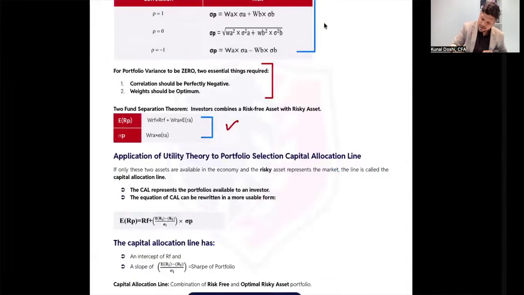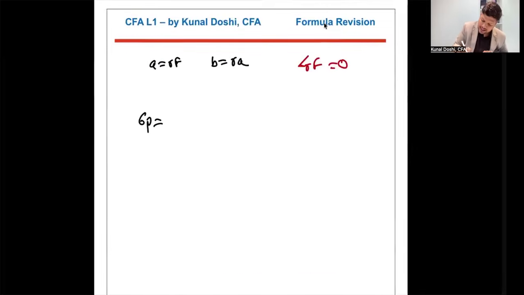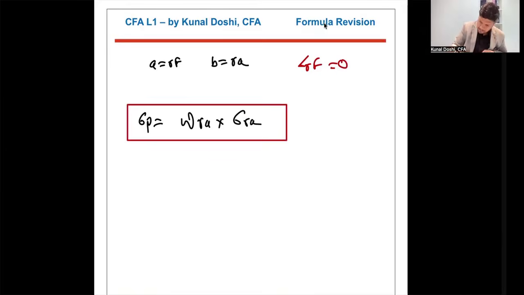So I will be left with only the weight of the risky asset into standard deviation of the risky asset. Everything in square and root will become this only. Please remember this. This is the compressed version if there is a risk-free and a risky asset. Is this clear, everyone? Check, confirm. This concept of risk-free and risky asset creates a line which is called the capital allocation line.